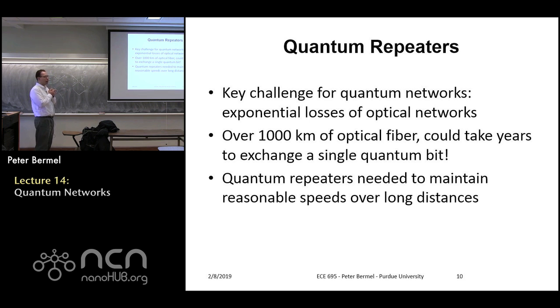If you have flying qubits, but your loss goes as e to the minus alpha L, once L gets large enough, your probability of having a successful quantum key distribution event is really low. It's been estimated by several researchers that if you had a 1,000-kilometer optical fiber, it could take years to exchange one quantum bit, right? Which is pretty slow. So we need to have something to solve that.